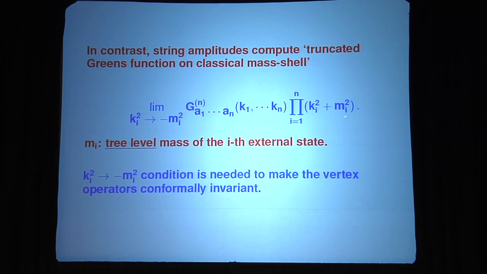And the Mi that appears here is a tree-level mass of the ith external state. And finally, we take the limit when ki square goes to minus mi square. And this limit is needed in order that the vertex operator is conformally invariant. Because conformal invariance is a concept that we use at tree level, and we have to take this limit to ensure tree level worldsheet conformal invariance.